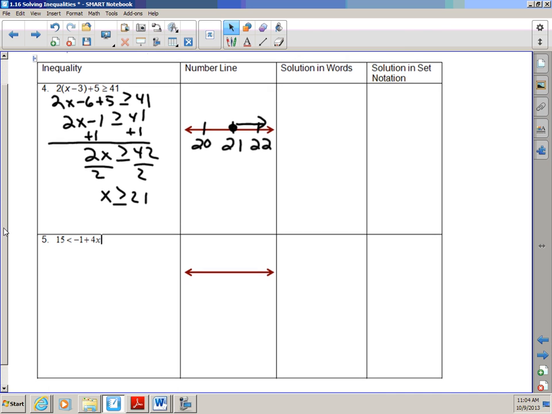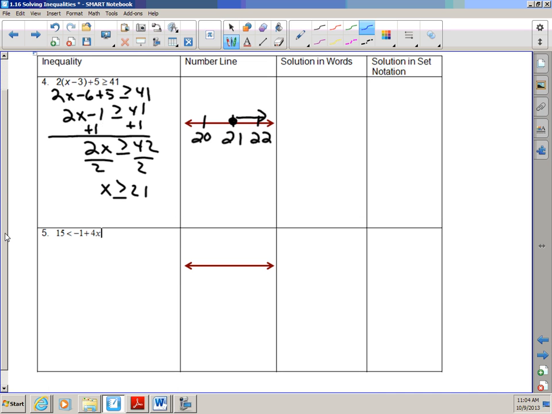Scrolling down. Again, I'm solving an inequality here the same as an equation. Variables on one side, numbers to the other. Add 1. 16 is less than 4x. Divide by 4.